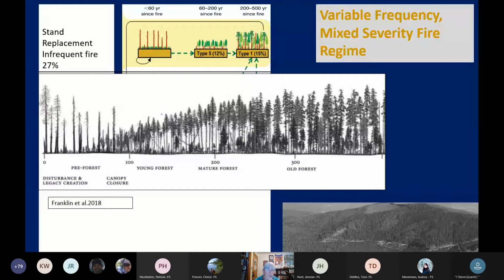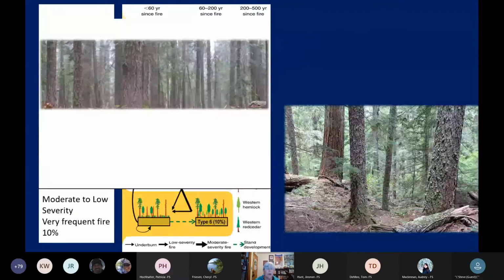And these stands that he looked at were found in very protected valley bottoms, as well as topographically protected areas.